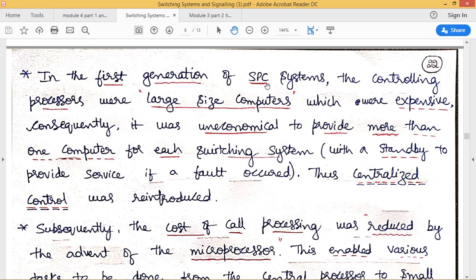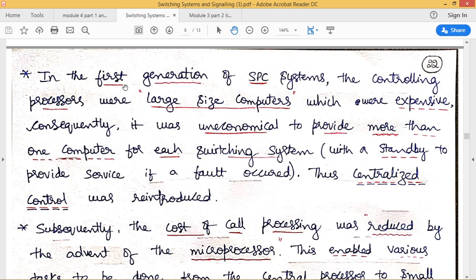In an SPC exchange we are not able to provide a large number of computers, because if one computer fails, another computer must be able to take the load and perform the operation that was being performed by the previous computer. That is what a standby is. So there is a standby to provide service if a fault occurs.